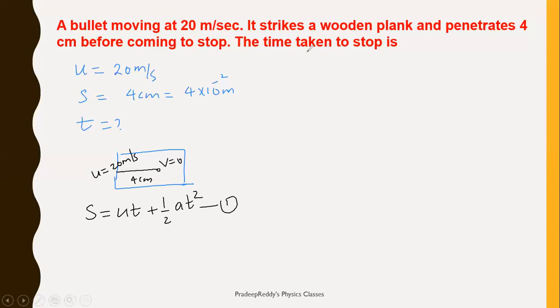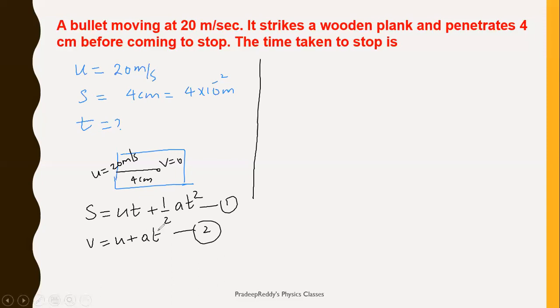Take this as equation number 1. But as you do not know acceleration, first we should find out acceleration and substitute in equation 1 so that you will get time taken. Or even we can use v is equal to u plus at. Either you can use this equation. Equation 2 also is suitable in order to find out time taken.